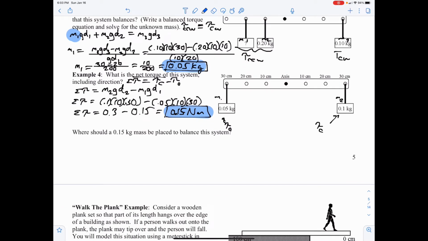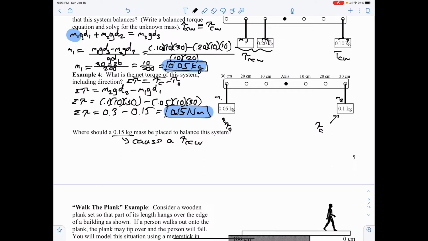Okay, and then finally, where should a 0.15 mass be placed to balance the system? Well, first of all, the whole system right now is leaning towards the clockwise direction. So you want this to cause a counterclockwise torque to balance it.